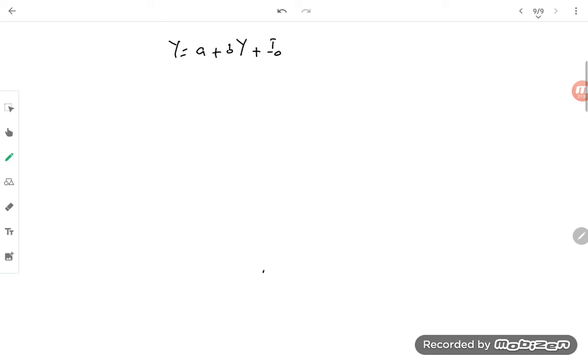We can rewrite the equation by subtracting bY from both sides. So it's Y minus bY equals a plus I node. This is autonomous consumption and this is autonomous investment expenditure as well.